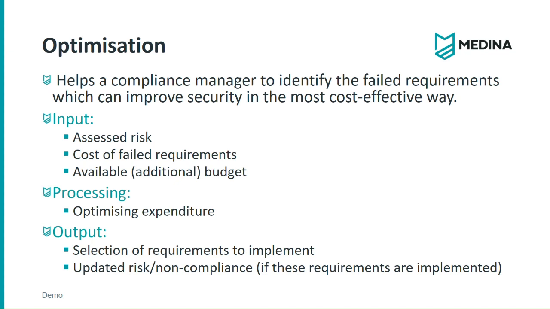Then the analysis is performed in order to optimize the expenditure of this cloud provider. The output of this procedure is the selection of requirements to be implemented and the updated risk value, as well as a non-compliance gap or result.